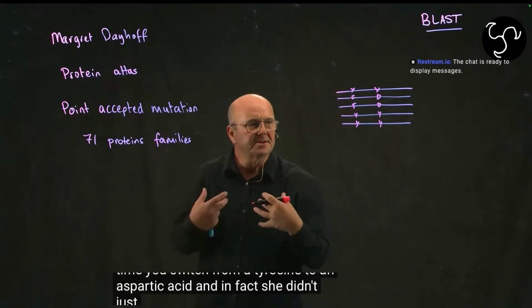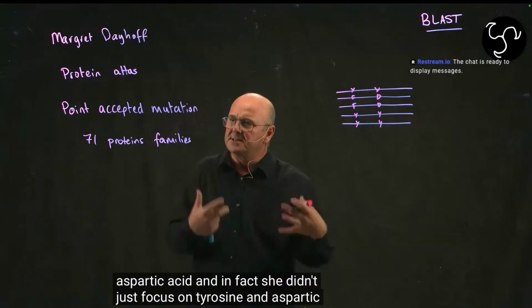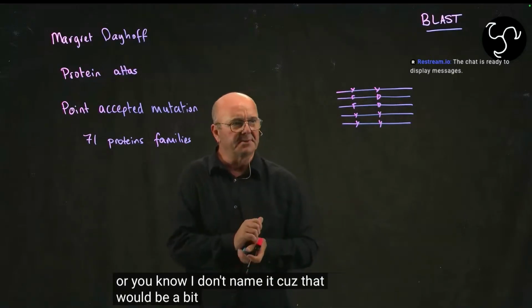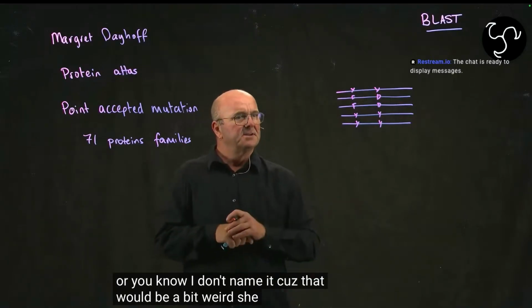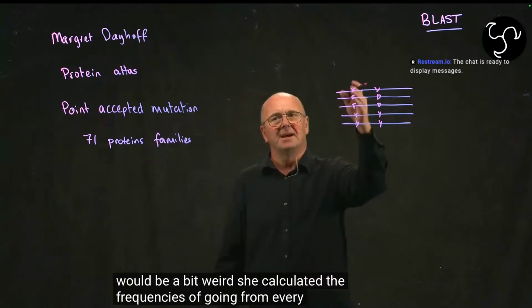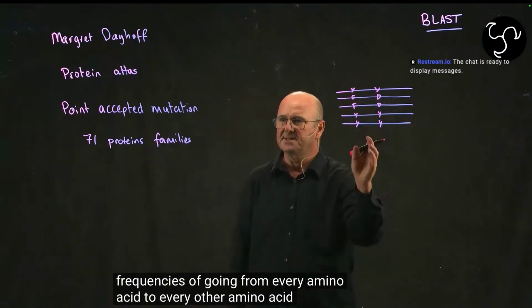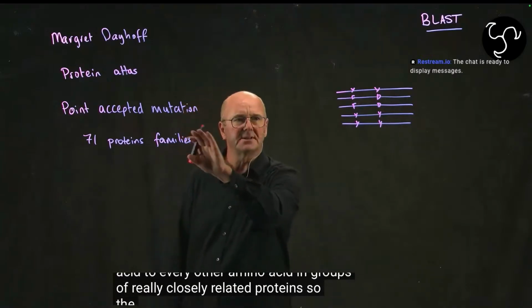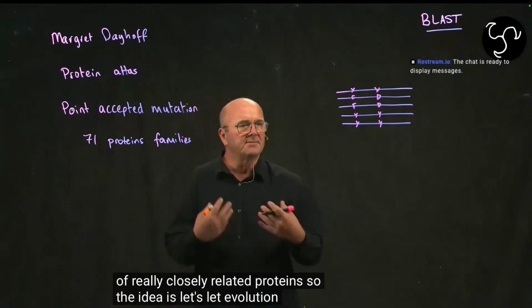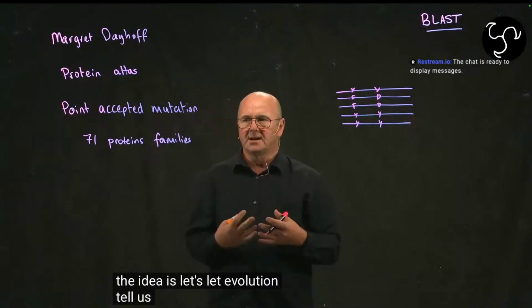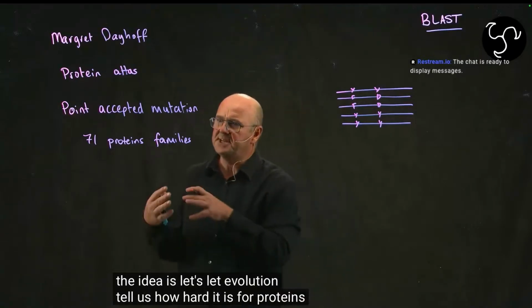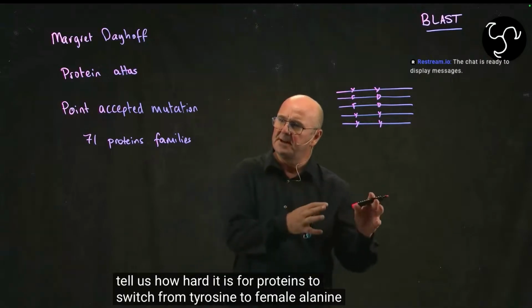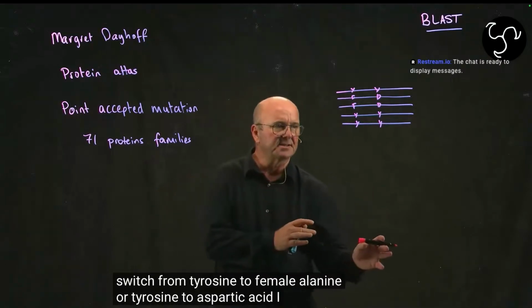And in fact, she didn't just focus on tyrosine and aspartic acid and phenylalanine because that would be a bit weird. She calculated the frequencies of going from every amino acid to every other amino acid in groups of really closely related proteins. So the idea is, let's let evolution tell us how hard it is for proteins to switch from tyrosine to phenylalanine or tyrosine to aspartic acid.